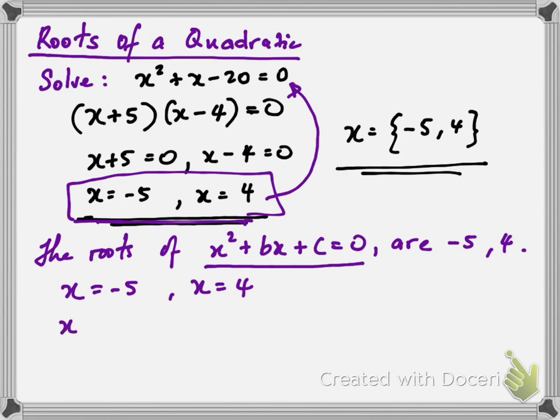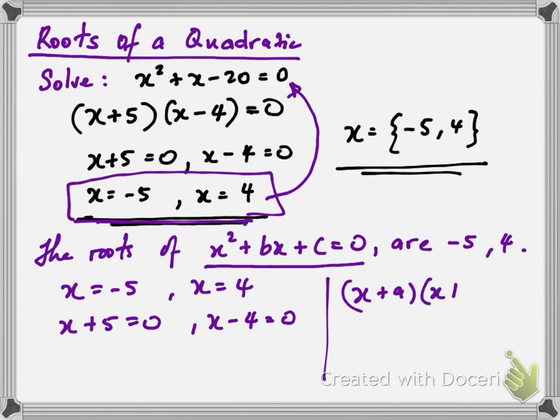You get x plus 5 equals 0 and x minus 4 equals 0. And then you can put them in the brackets of x plus a times x plus b equals 0, which is x plus 5 into x minus 4 equals 0.